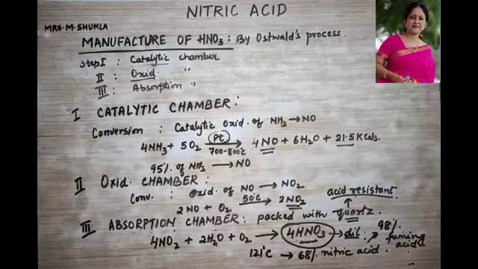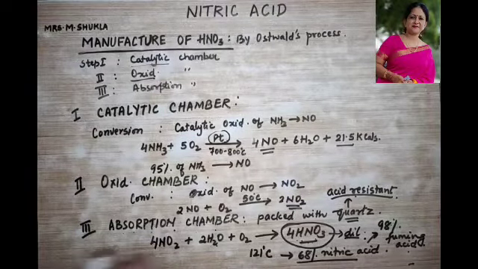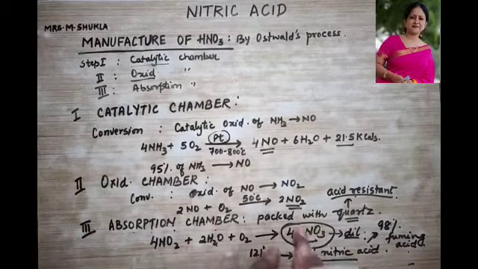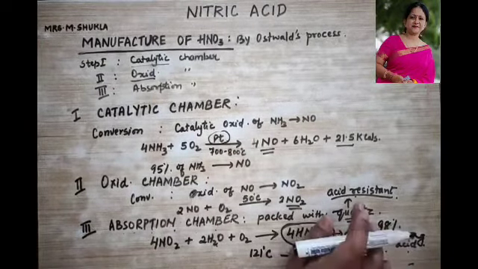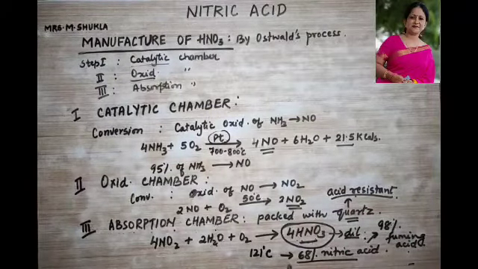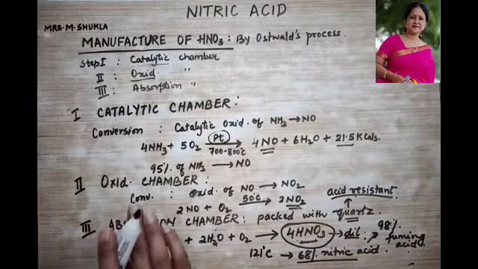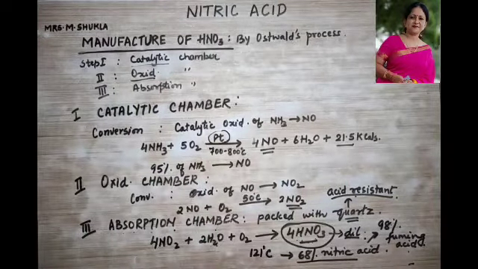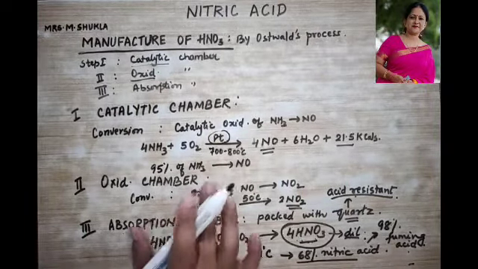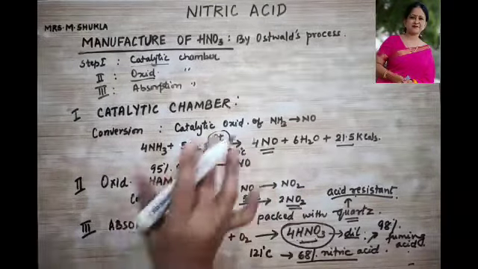By further distilling this 68% nitric acid with concentrated sulfuric acid, under reduced pressure. I hope all these three steps are very clear to you. Now we shall move to the physical properties of nitric acid.